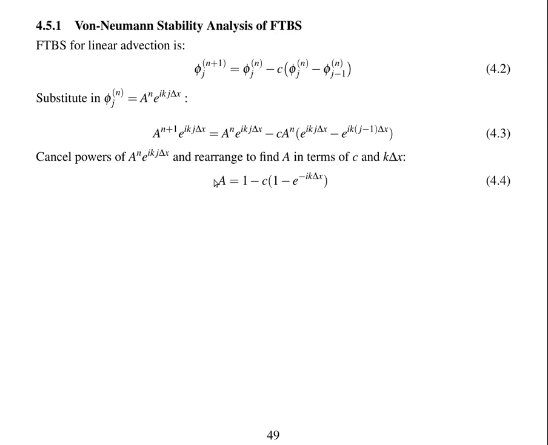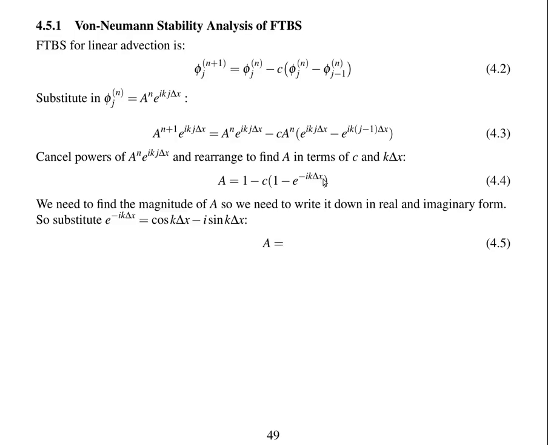You should get a is equal to 1 minus c times 1 minus e to the power minus i k delta x. We want to find the magnitude of a, so we need to write this equation down in real and imaginary parts, and then by substituting in e to the power minus i k delta x is equal to cos k delta x minus i sine k delta x, and then take the magnitude of that complex number.